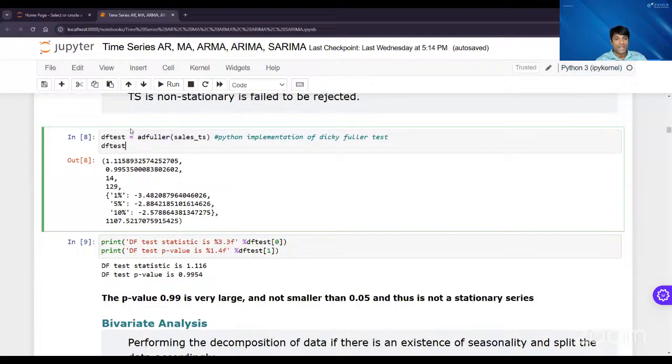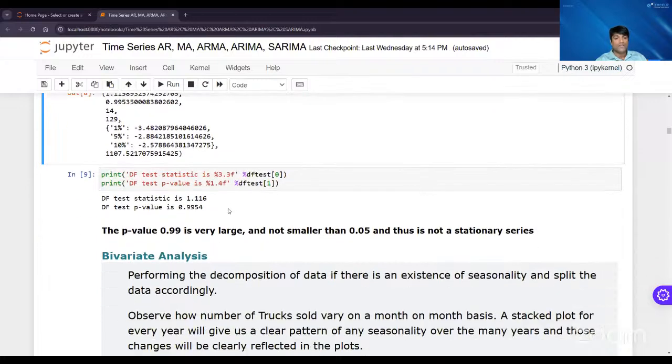So here, when we apply the ADF test, at 1%, 5%, and 10% it gives the alpha value, which is the rejection region. You can see that the p-values, the probability values, are very big.